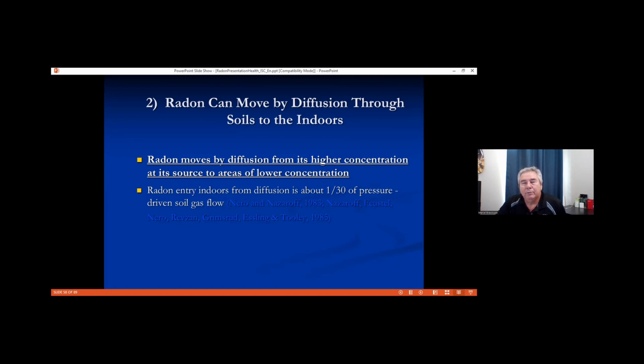So at 300 in the basement, most likely you're looking at something about 30,000 becquerels per cubic meter underneath your concrete floor. So it'll go from the high concentration to the low concentration, which is inside your basement.